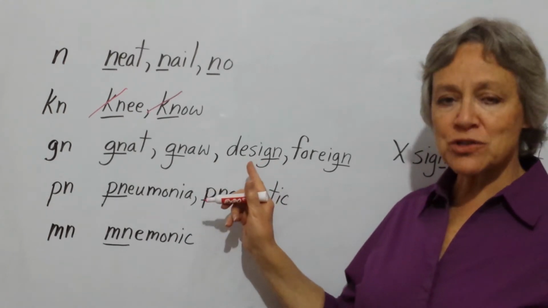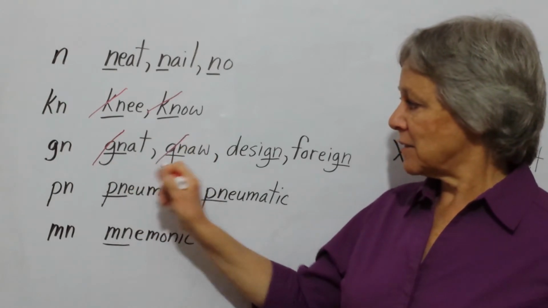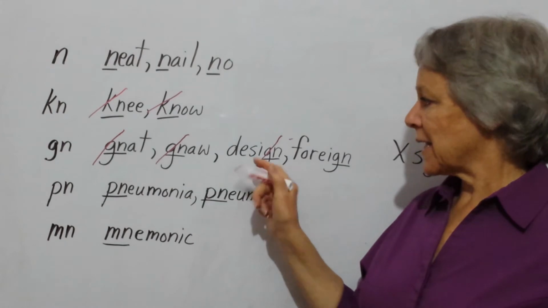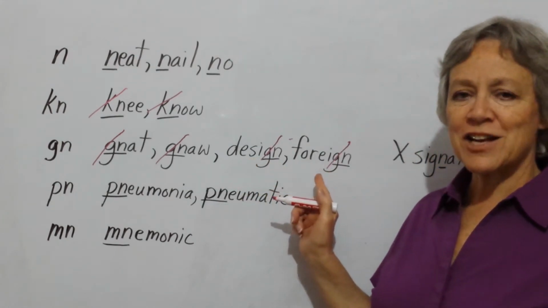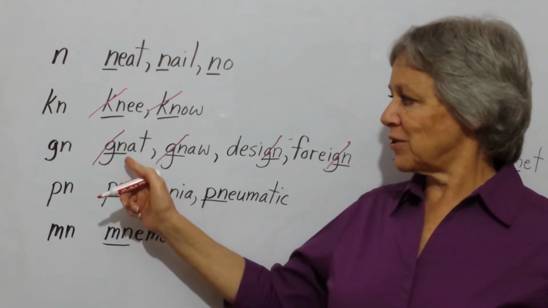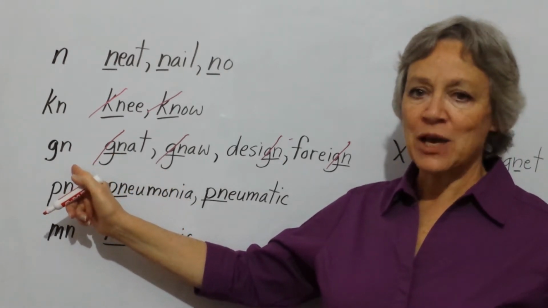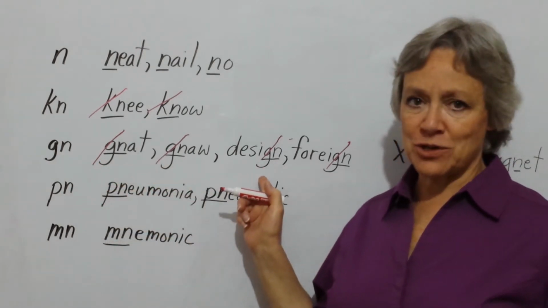In each of these words, the letter G is silent. Gnat, gnaw, design, foreign. So GN usually makes the N sound. This occurs at the beginning of words and at the end of words.